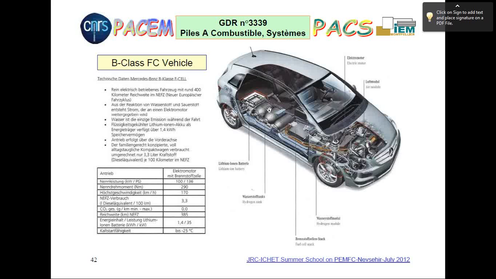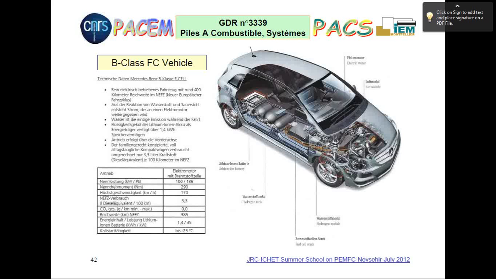I think in that case it's 350 bar, and the range could be about 400 kilometer. And you have the electric motor here, the fuel cell stack is here, etc. You must have some lithium-ion battery. That's a very important point. You must always have a battery, particularly for a car.